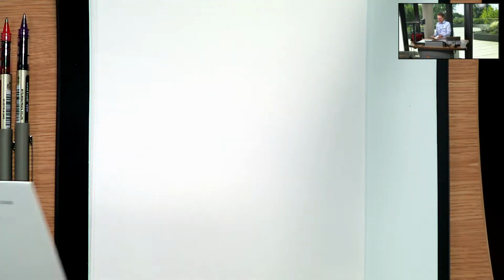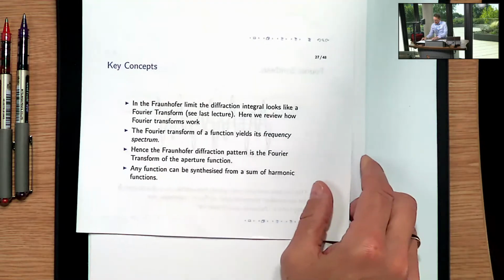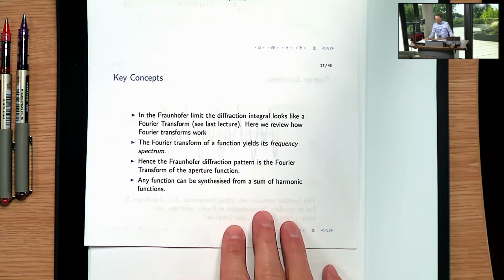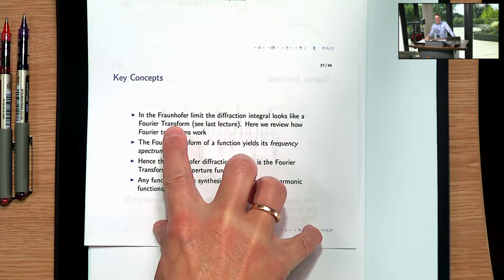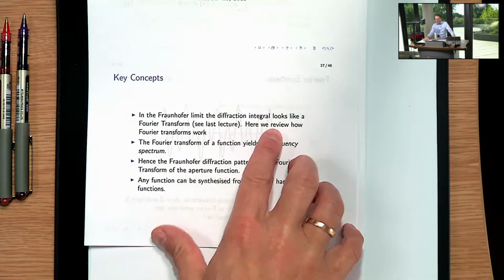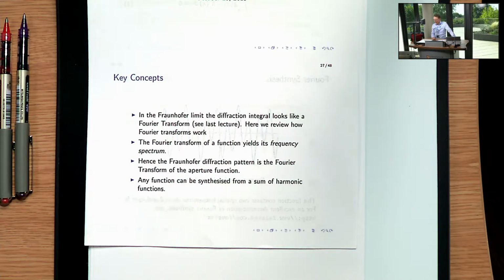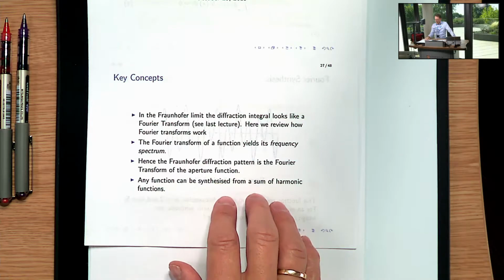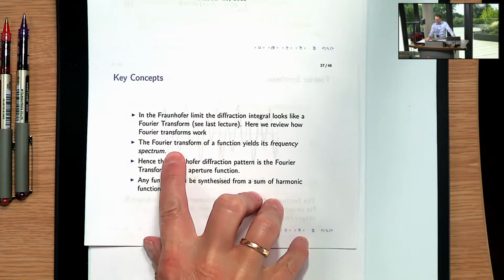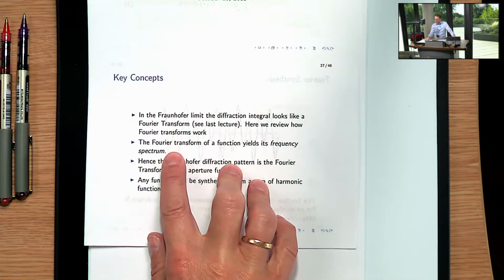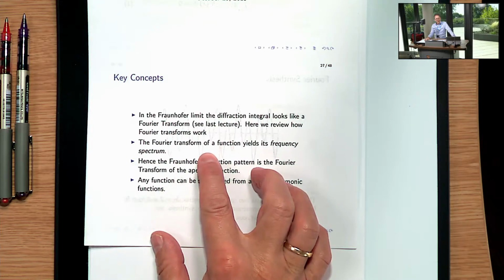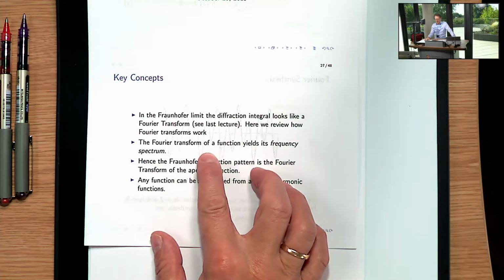So with that, I'll switch again to the projector, and I'll begin with the key concepts. We saw that in the Fraunhofer limit, the diffraction integral looks like a Fourier transform, and we will take home that the Fourier transform of a function yields its so-called frequency spectrum.